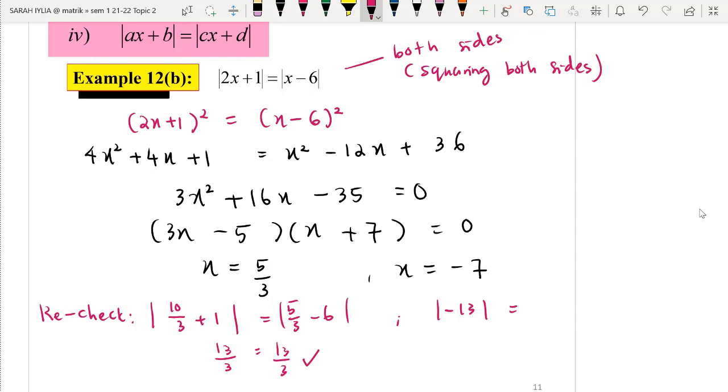And then, yang lagi satu tu negative 13 juga. So, 13 equal to 13. Kita terima. So, in this case, dua-dua jawapan tu kita terima. Tak ada pun yang kita kena reject sebenarnya. So, final answer, X equal to 5 over 3. X equal to negative 7.